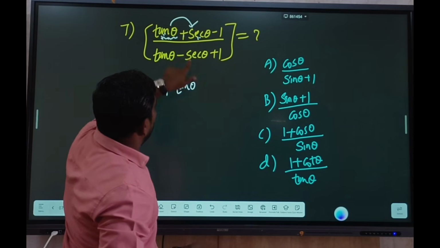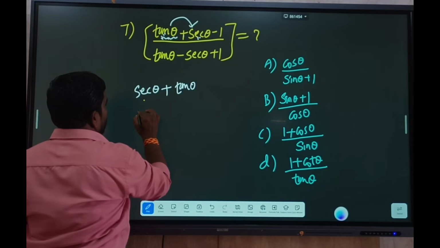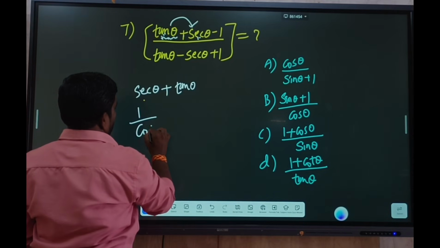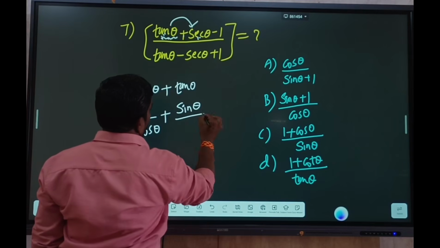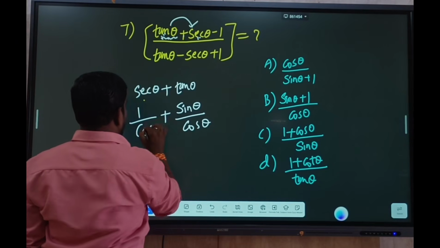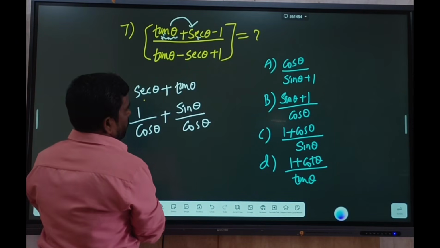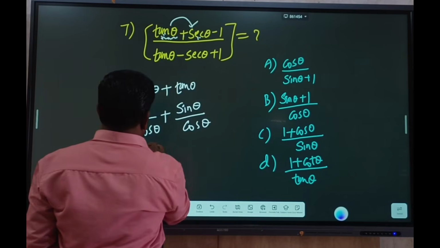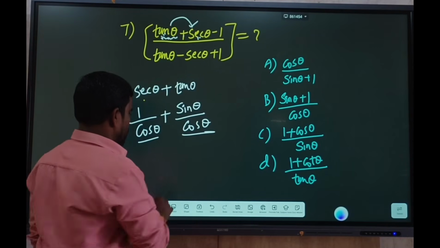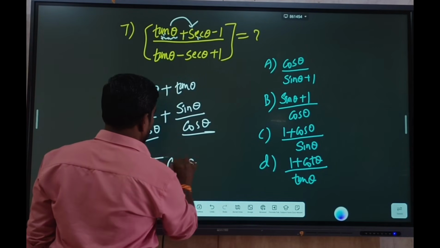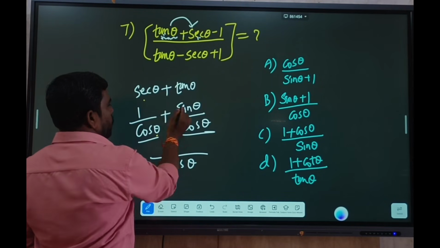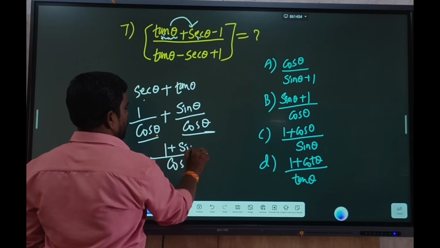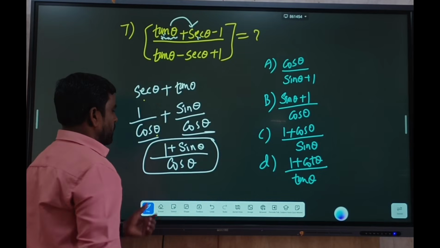Secant theta is given, so write the tan theta. Secant theta can be written as 1 by cos theta, and tan theta can be written as sin theta by cos theta. So 1 by cos theta plus sin theta by cos theta. Both denominators are the same, cos theta, so the denominator stays the same and the numerator is added: 1 plus sin theta. The answer is 1 plus sin theta by cos theta.